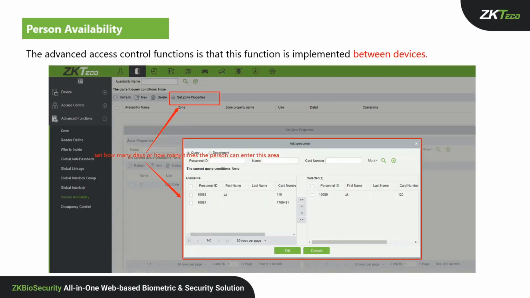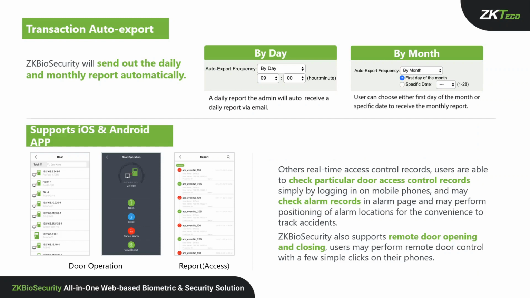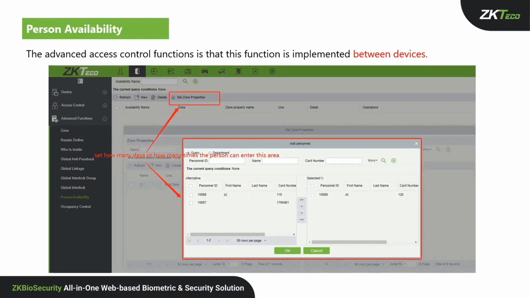Person availability. The difference from occupancy is that this is based on punches. For example, you want to assign only one punch for the whole day, you can assign that from these options. It depends on you.